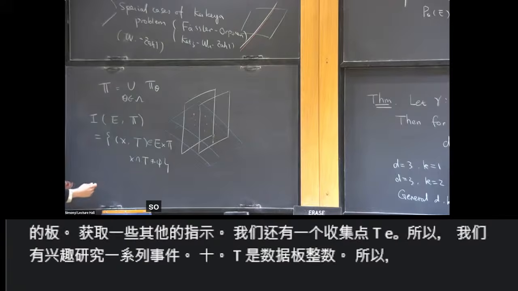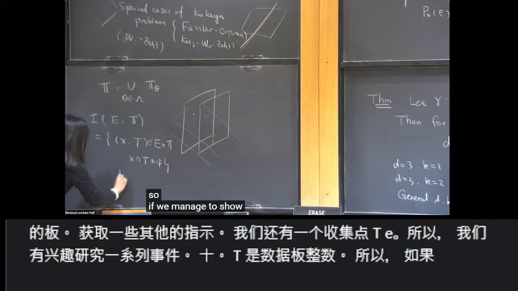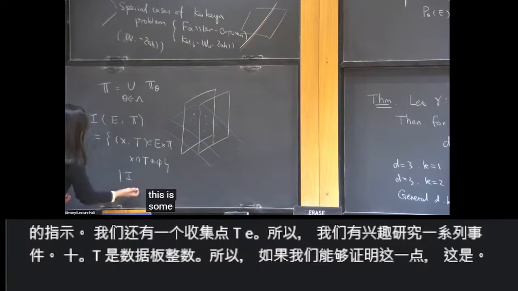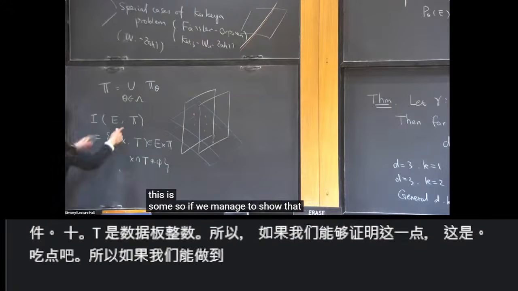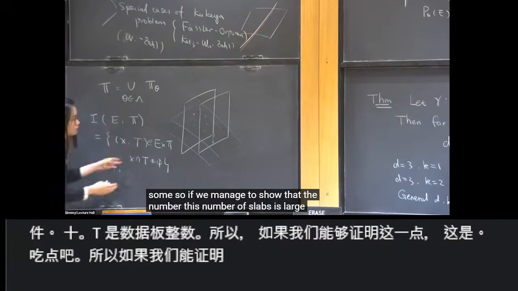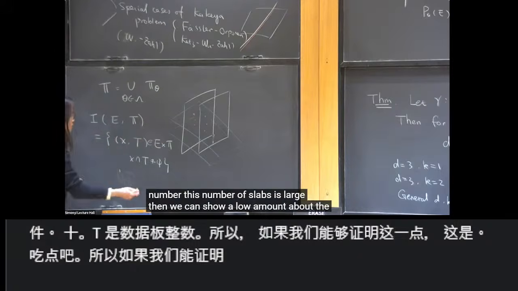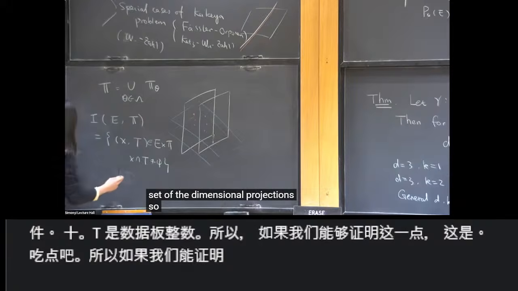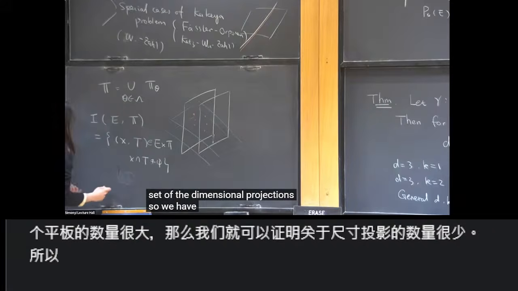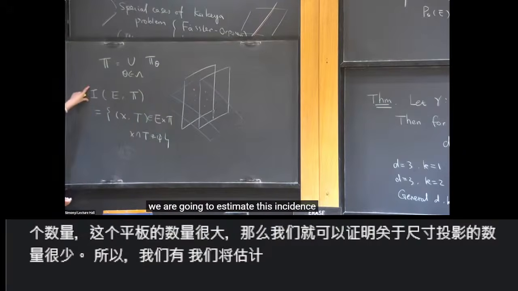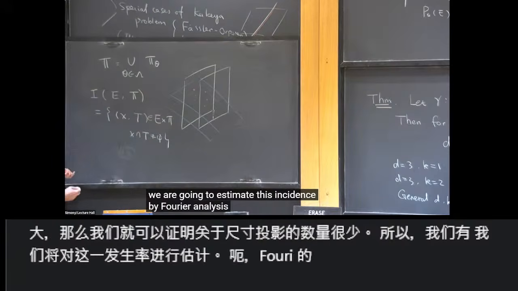If we manage to show that the number of slabs is large, then we can show a lower bound about the dimension of projections. We are going to estimate this incidence by Fourier analysis.